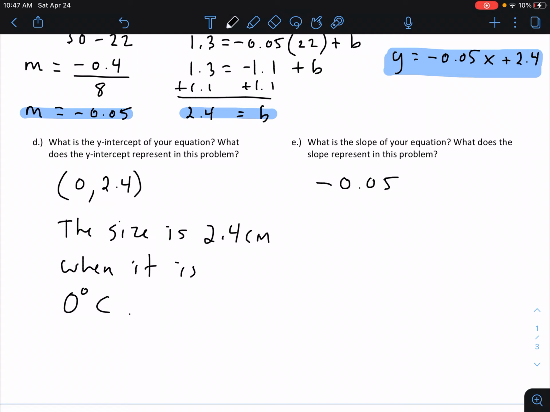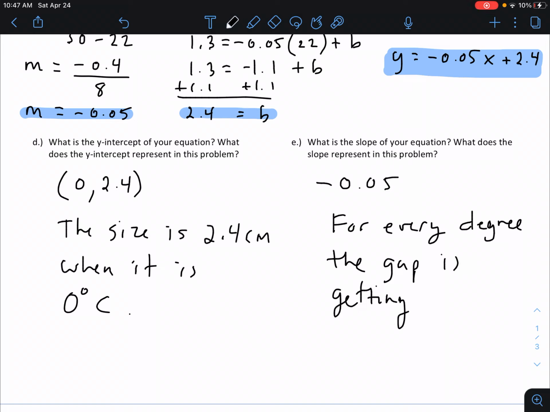Okay, so for every degree, the gap is getting 0.05 centimeters smaller. Okay, notice how I said that? I said 0.05 centimeters smaller. I didn't say negative 0.05 centimeters smaller because the smaller means negative, all right? Anytime something is getting smaller, it's decreasing. Okay, so that's how I'm accounting for that negative.